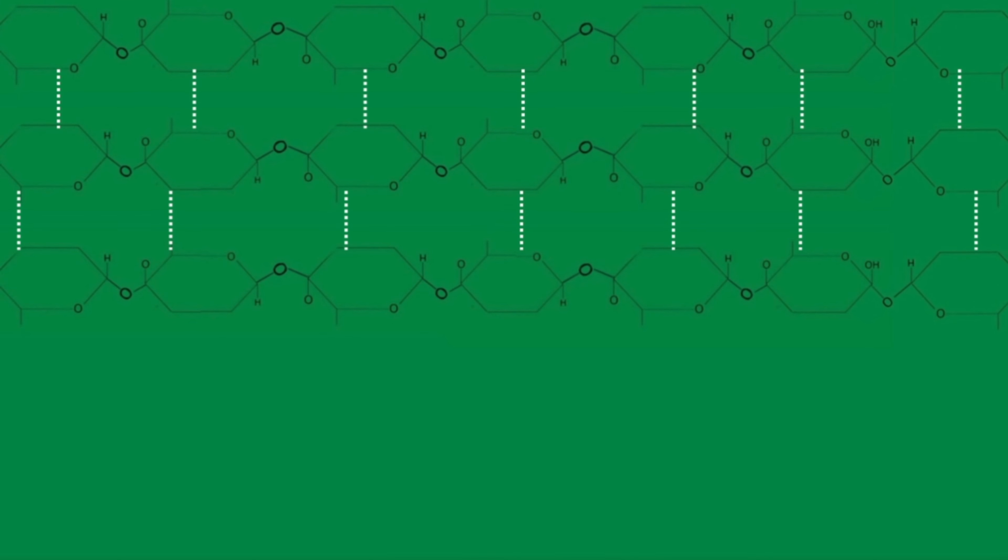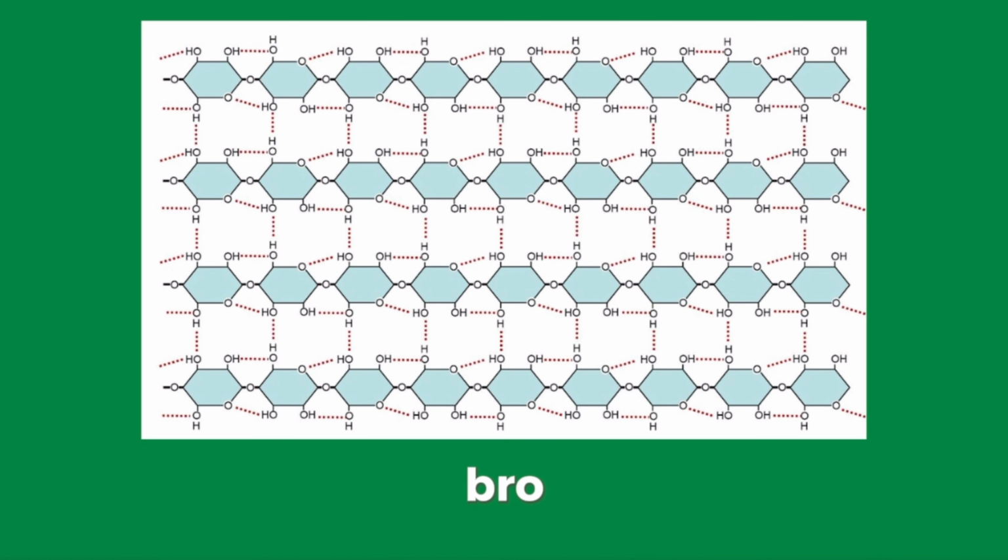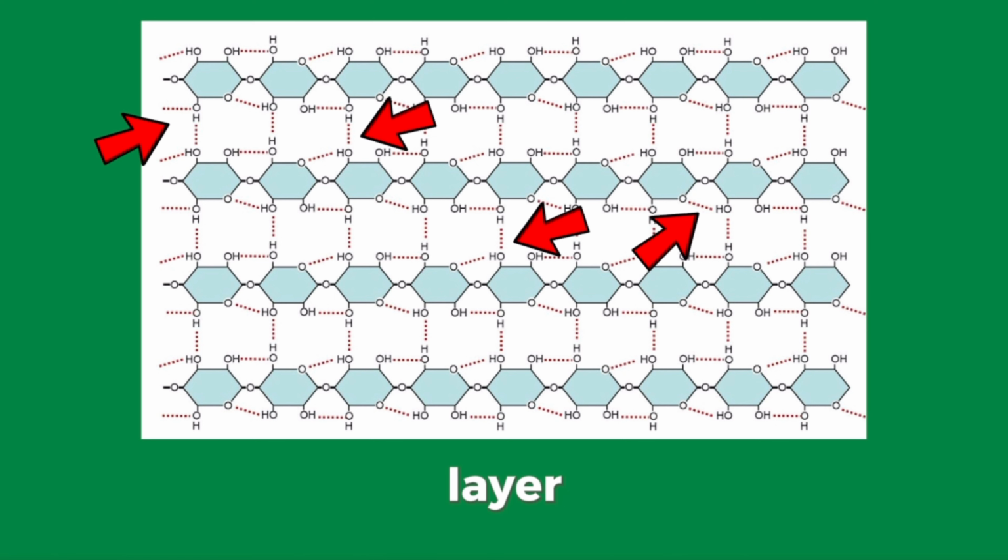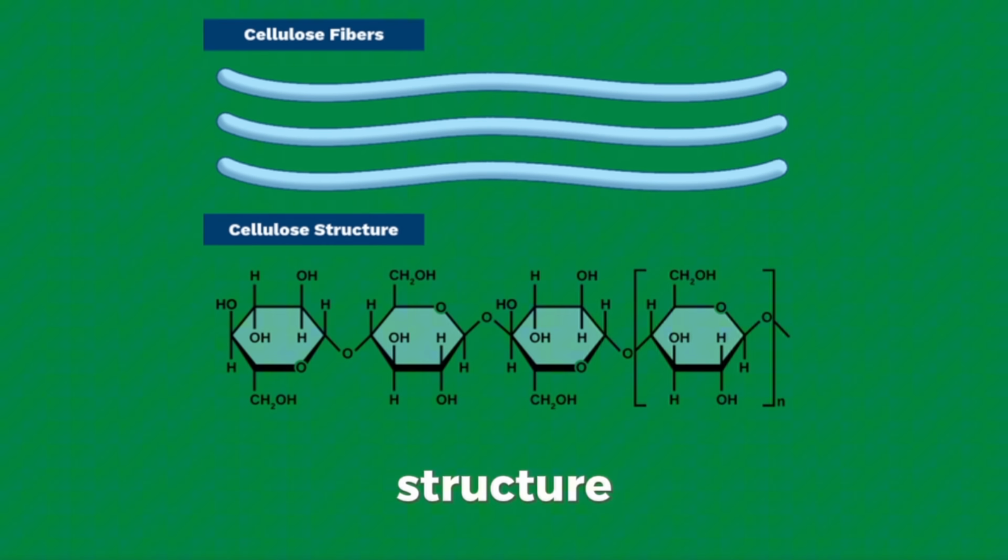And when it all comes together, we call it cellulose. That's what makes cellulose so special, bro. It's all these hydrogen bonds between each layer of beta glucose molecules. So many of them form, and it makes it a very strong structure.